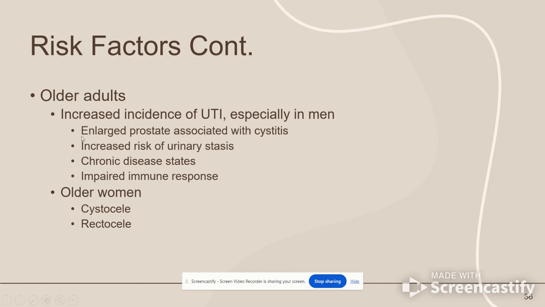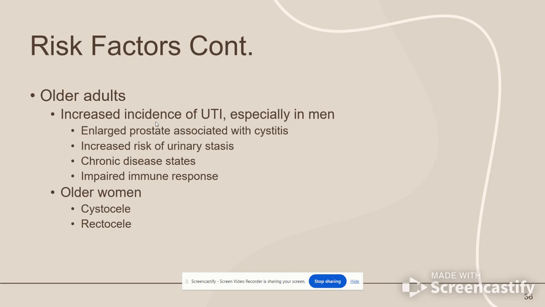This is deceiving here. It's just saying that older men are at a higher risk than younger men, and that's due to enlarged prostate associated with cystitis. They can have increased risk of urinary stasis, chronic disease states like hypertrophy of the prostate gland, because that increases with age, and impaired immune response.